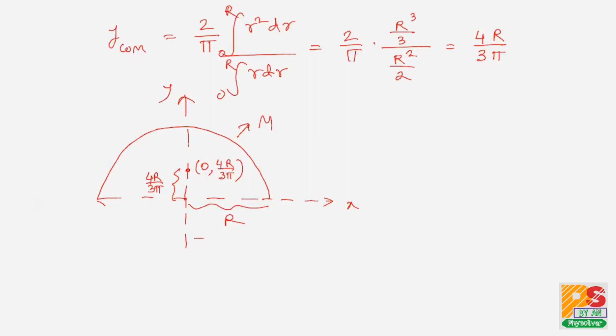Therefore I can say this is the symmetrical axis. Therefore center of mass of a uniform semicircular disc lies on the symmetrical axis at a distance 4r by 3 pi from the center.